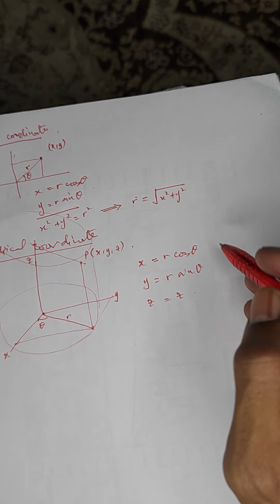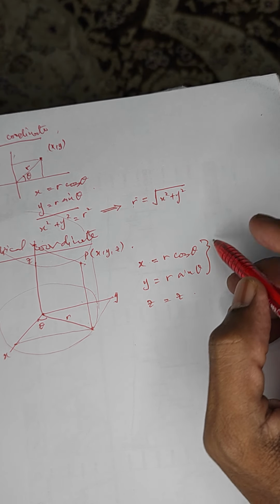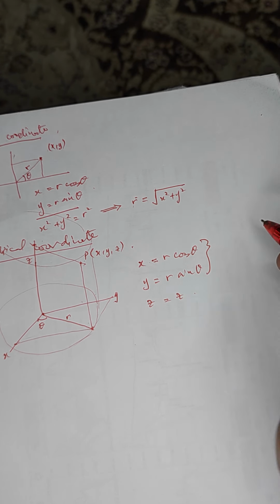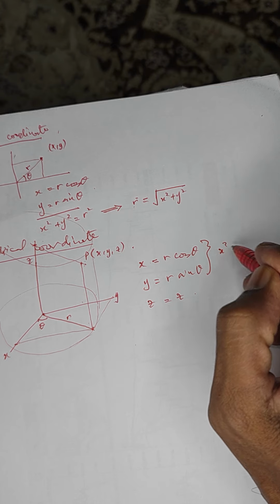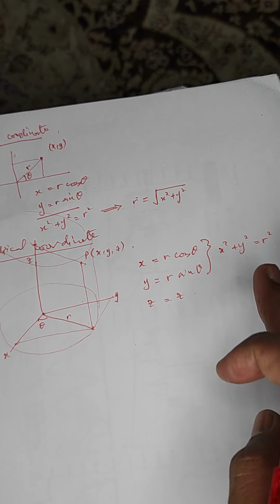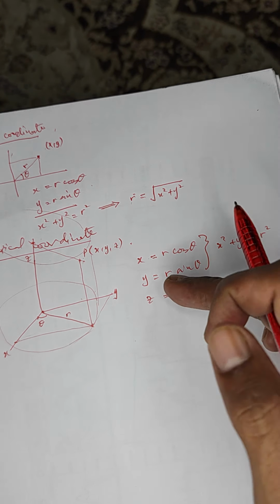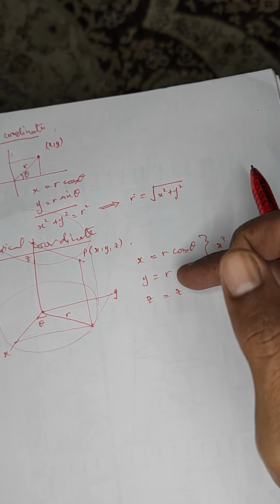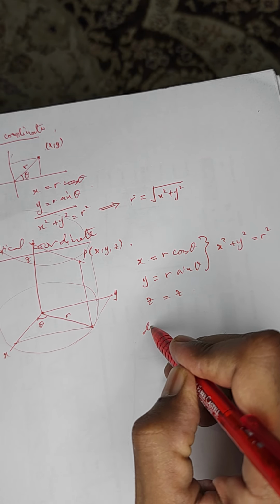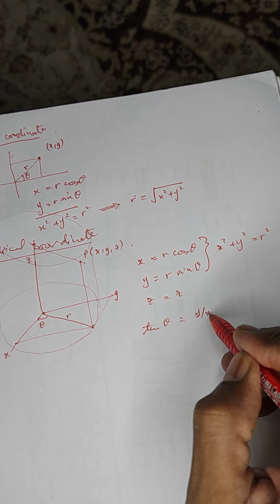From here we square those two and add them up, so we have x squared plus y squared equal to r squared. And for the angle theta, you can just divide those, and we have tangent theta equal to y over x.